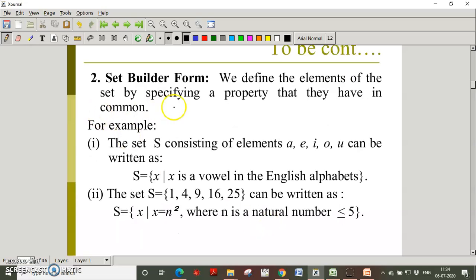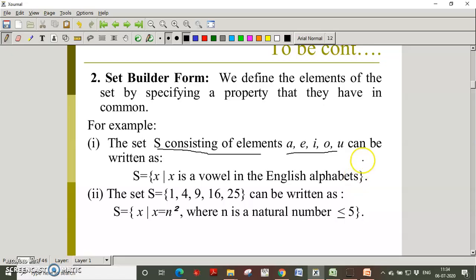Another notation is set builder form. We define the elements of the set by specifying a property that they have in common. I have taken as an example S consisting of elements A, E, I, O, U. This set can be written in set builder form as x such that x is a vowel in the English alphabet.